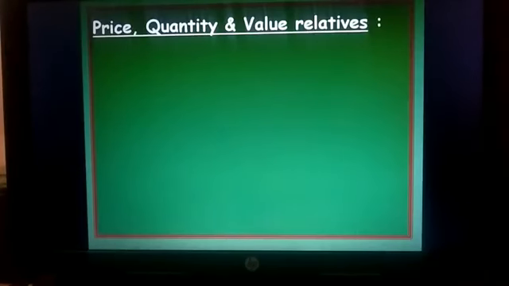In the last video class, we had started the chapter of index numbers. In that, we had come across the definition of index numbers, why index numbers will be called economic barometers, and in terms of types of index numbers, simple and composite index numbers.